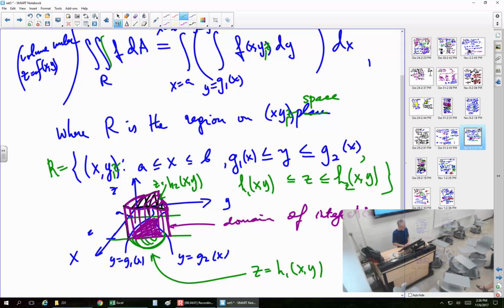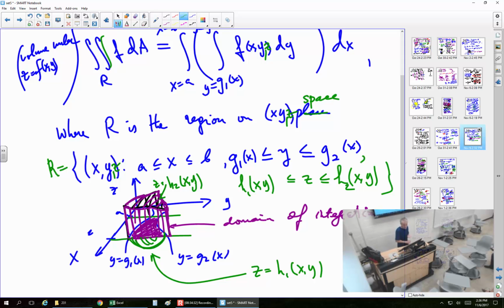So our region we can handle with the Fubini theorem, and the approach starts the same exact way as what's in blue over there. x is a given integral, the most independent variable of 3. We create a dependency between x, y and z, and x is totally independent. Then y kind of depends on x. The limits for y, if we stay in the xy plane, are those two functions g1 and g2 right here. And then we move to z, and this time z depends on x and y.